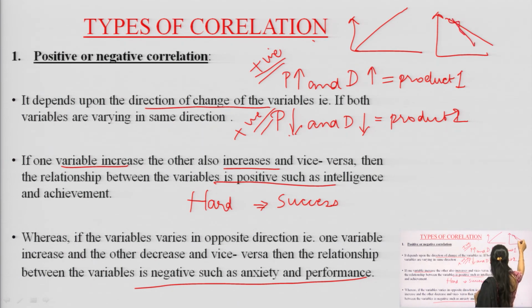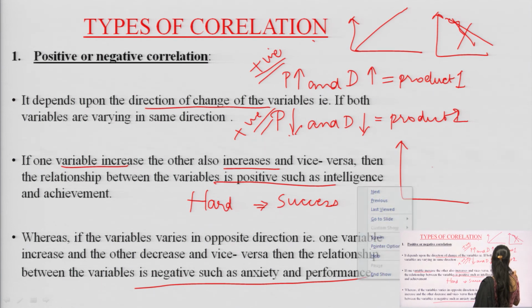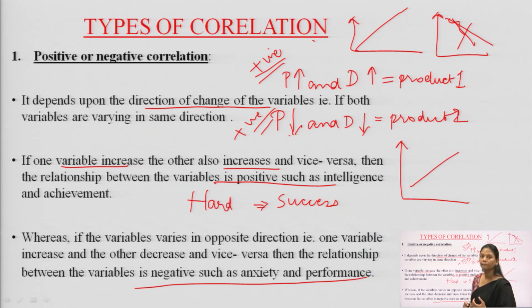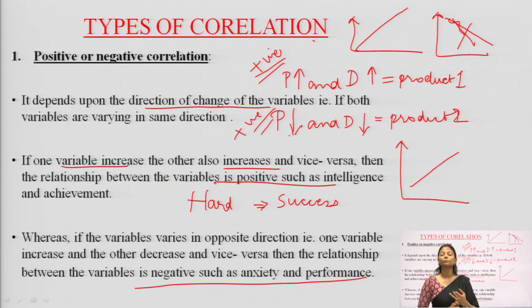So, when we are talking about a positive correlation, the direction of the two variables has to be either going upward or going downward, but the most important thing is it has to be in the same direction.